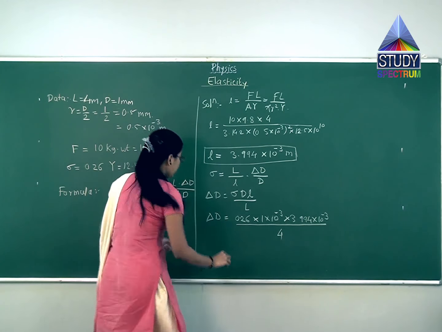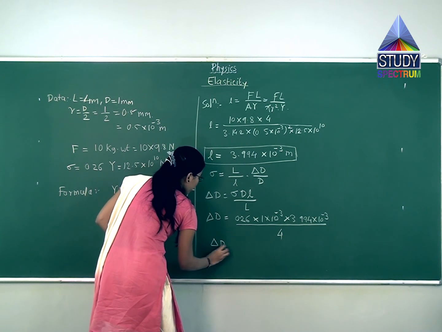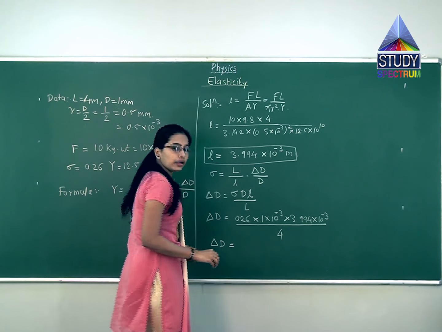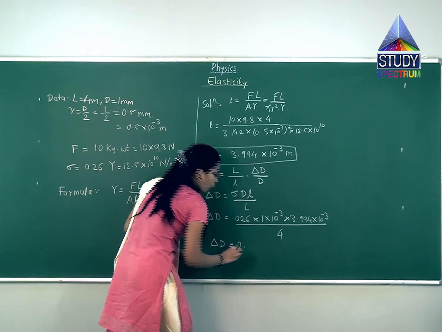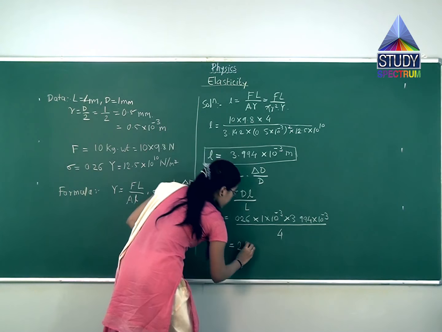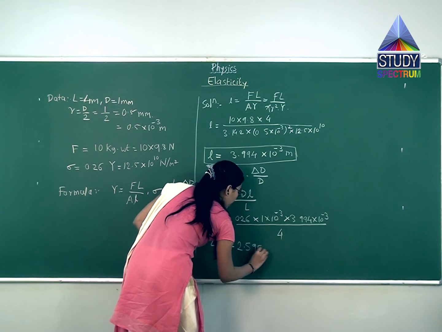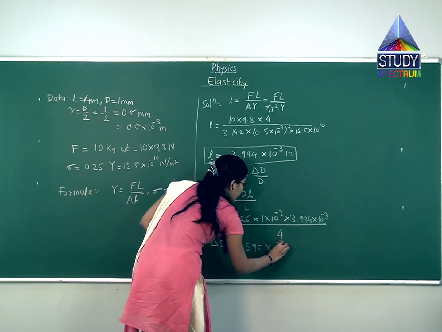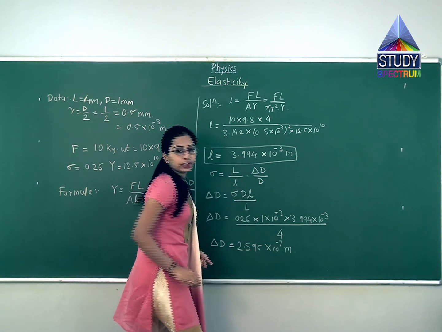So you will calculate this, and after calculation we will get the answer 2.596 into 10 raised to minus 7 meter.